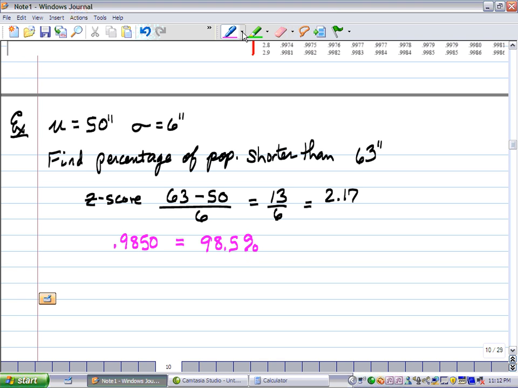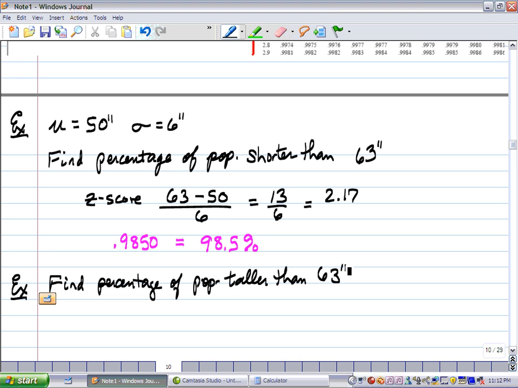Particular school. So what if I want to do greater than? Find the percentage of the population taller than or greater than. Well, first find the shorter than and do 100% minus the percent shorter than.